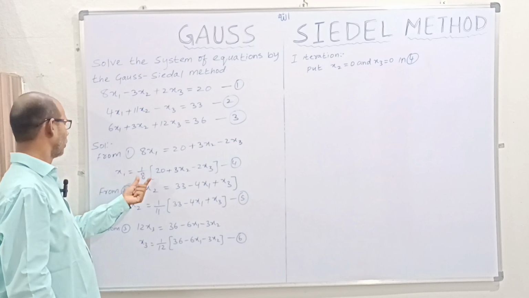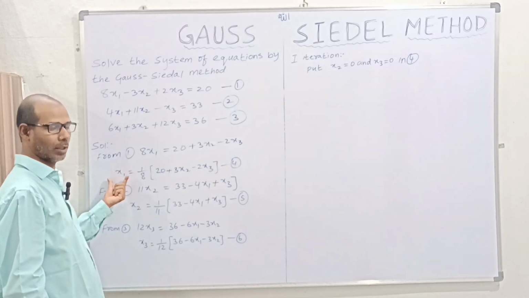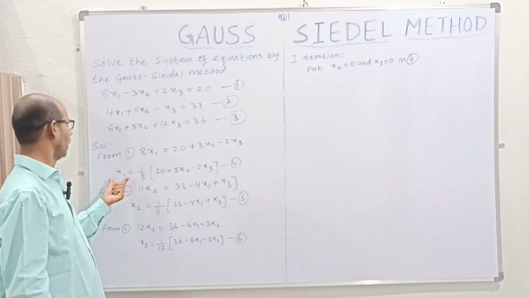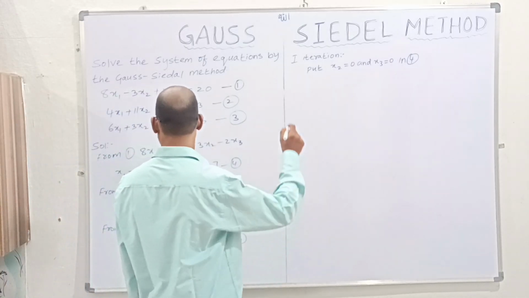For the first iteration, you have to take equation number 4, and to get the first iteration of x1, you put x2 and x3 equal to 0.